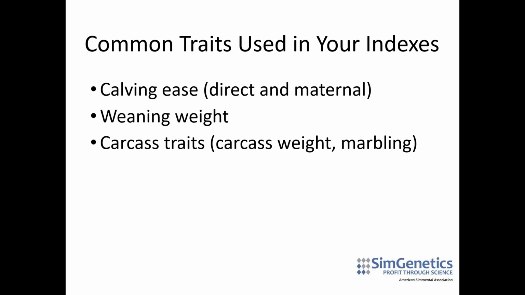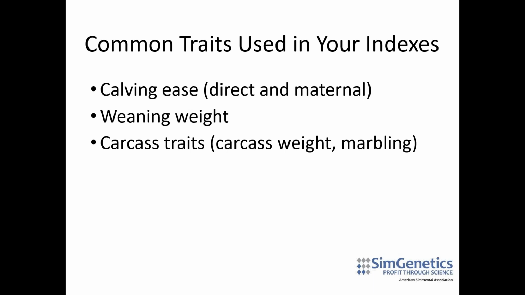Even those of you who were selling calves at weaning did a great job of realizing that weaning weight is super important for your bottom line, but unless you have adequate carcass traits, those buyers probably aren't going to come back next year and want to buy your calves again if they have poor carcass traits.